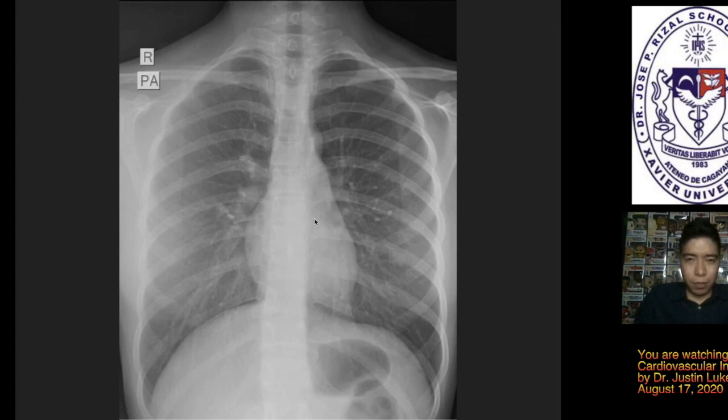This is what we call an almost vertical heart. If it's really vertical and the diaphragmatic dome is lost, here we can still appreciate the dome. But for those cases wherein the outline of the diaphragm is also lost, then we can say that it could be due to pulmonary hypertension or emphysematous changes.